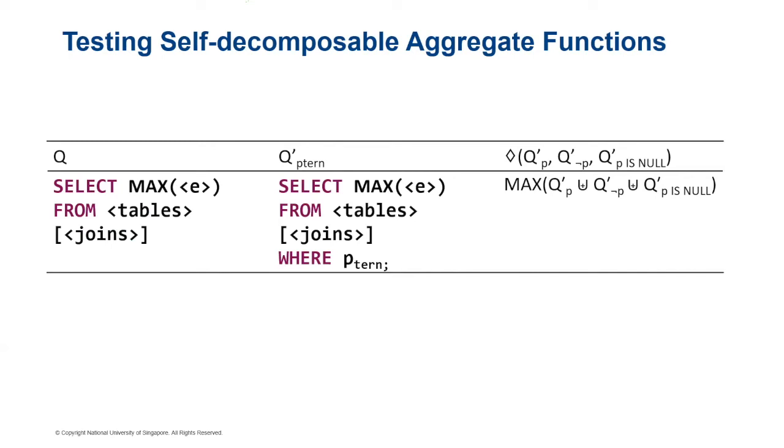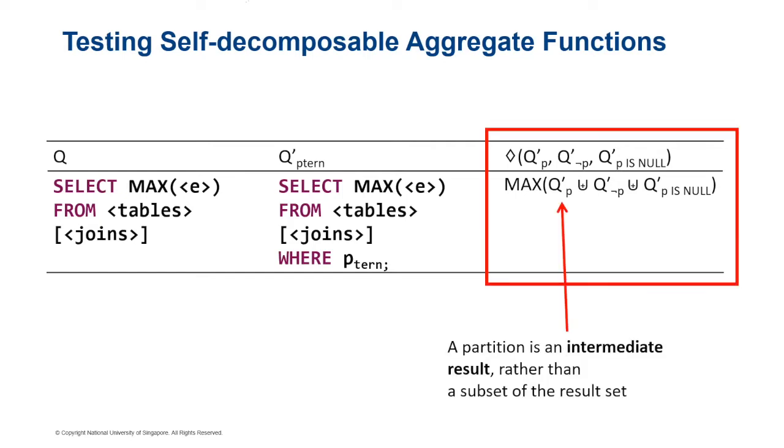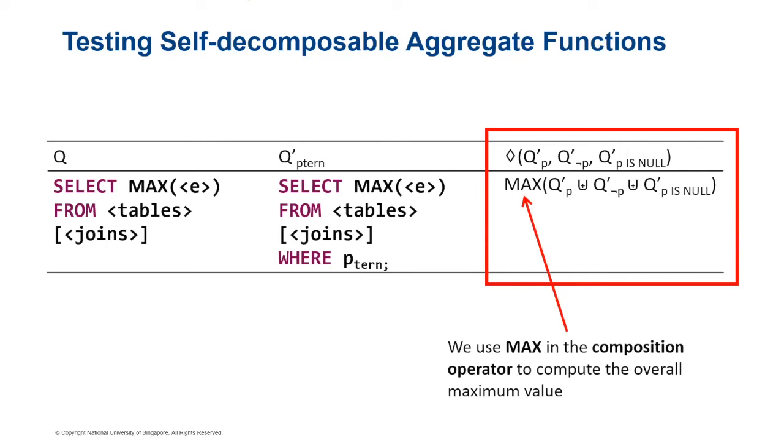So again, the original query and the partition query look like before, but now the composition operator is perhaps a bit more complicated in the sense that now a partition is an intermediate result, namely the maximum value computed over the respective set of rows, rather than a subset of the result set, which was the case for this where test oracle. This now means that we need to use the max aggregate function once again to compute the overall maximum value.